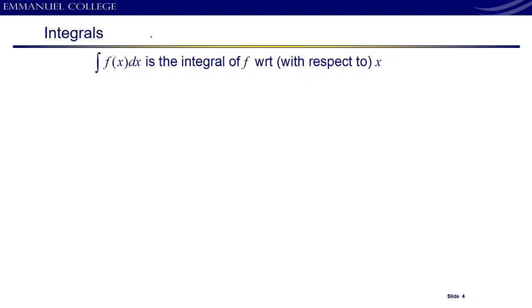So that dx from the derivatives returns, but now instead of the denominator, it's up here beside the f of x, dx. Kind of like the linearization when we did the estimation, we had dy equals f prime of x dx. Now it's just f of x dx.